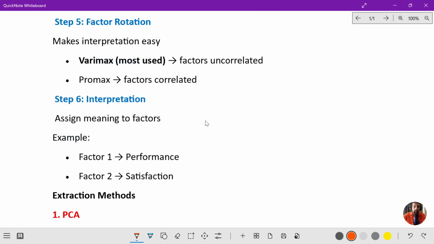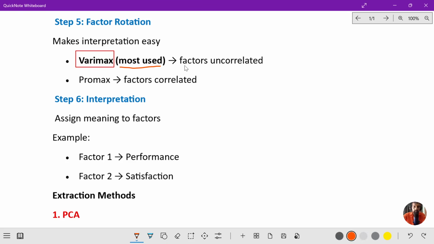And the fifth one is factor rotation. So how to rotate these factors? It makes interpretation easy. So we are using here Varimax. This is the most common mechanism in factor rotation.